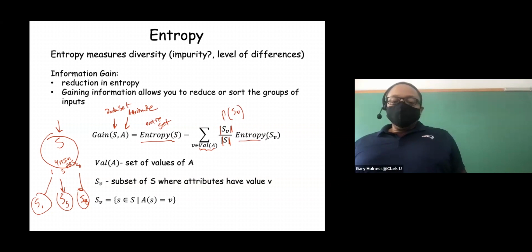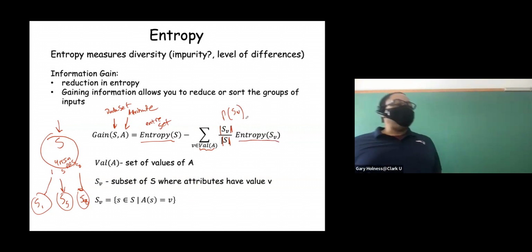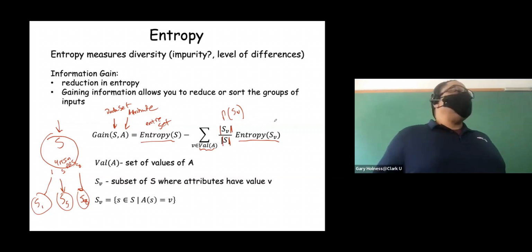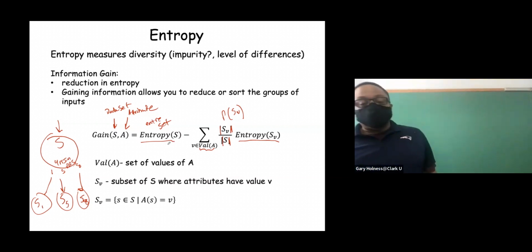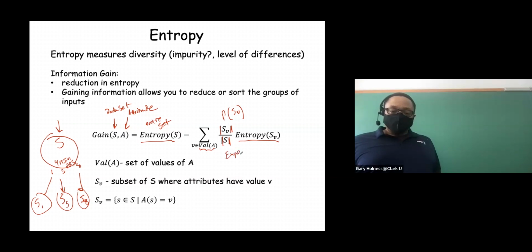And then we use that as our probabilistic average, weighting the entropy of that subset. And that's entropy of the labels for those examples in the subset. Does that make sense? And so we have the total entropy, and you could call this the expected entropy of the subsets.